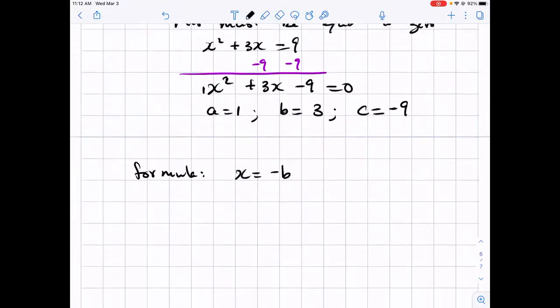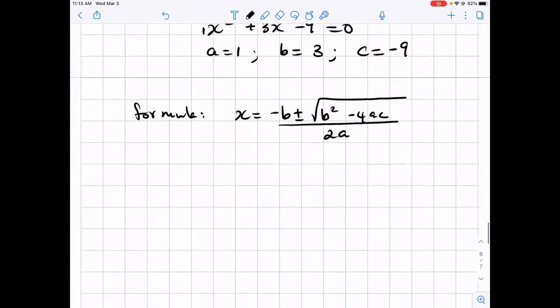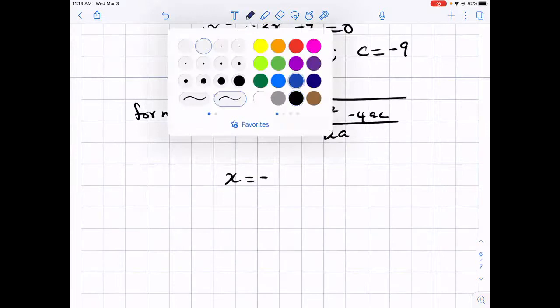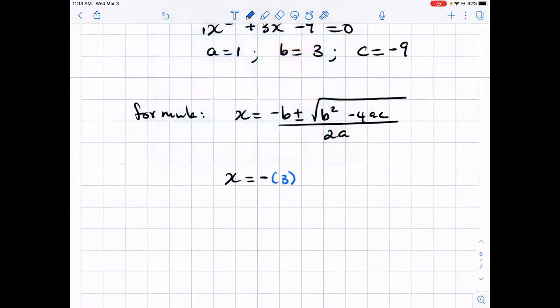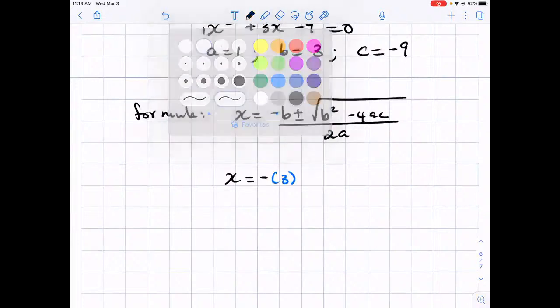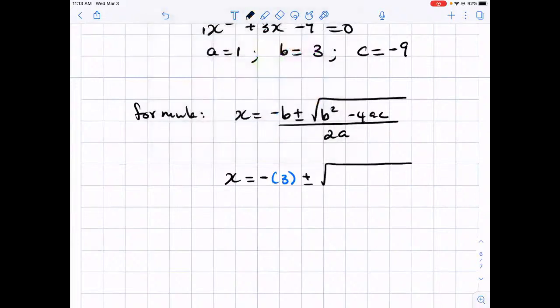Now if we use the formula, x is equal to minus b plus or minus the square root of b squared minus 4ac, everything over 2a. So we plug in. Instead of b, I'm going to write 3. Then plus or minus the square root of, instead of b, we write 3 again.